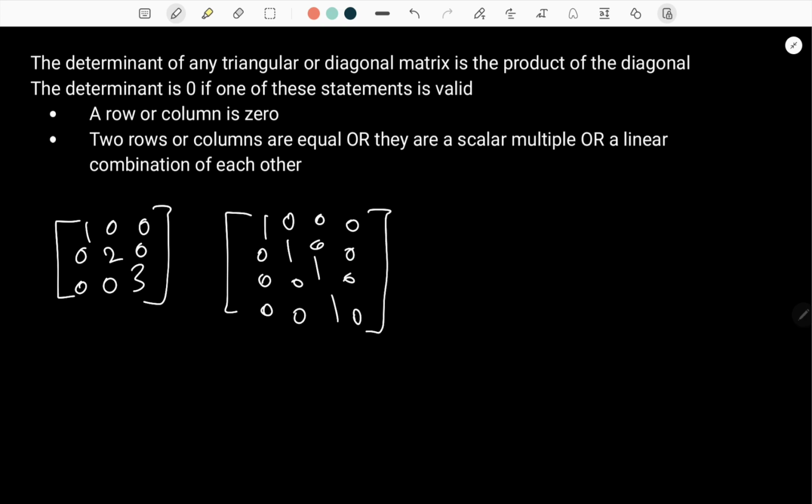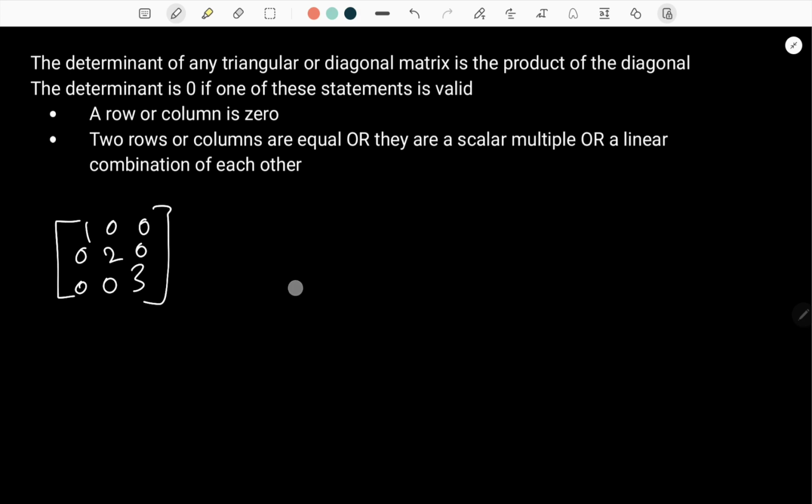And for triangular, it can either be upper triangular or lower triangular. I'll show you both. So let me just build on this one actually. So this is a lower triangular. As you can see, there is a triangle of elements on the bottom here, and there are no elements on the top, and vice versa for upper triangular.